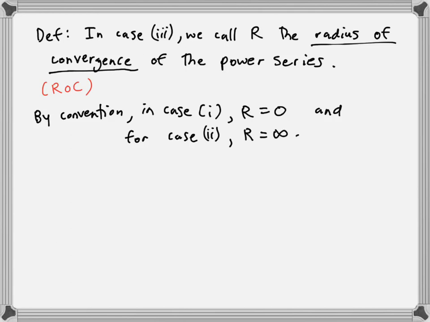R is equal to infinity. Okay, so these are the three cases. Case 1, our radius of convergence is 0, and it only converges at the center. Case 2, it converges everywhere, and so our radius of convergence is infinity. Or case 3, the radius of convergence is actually a positive finite number, like 3 or 1/5 or something like that.